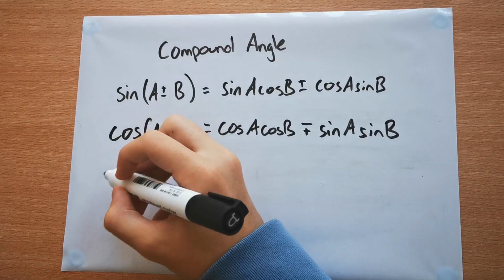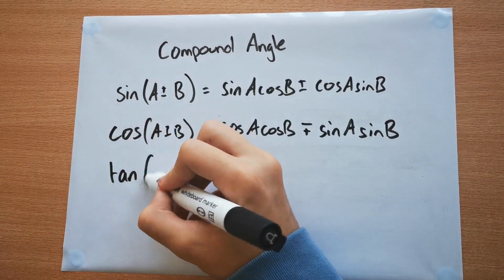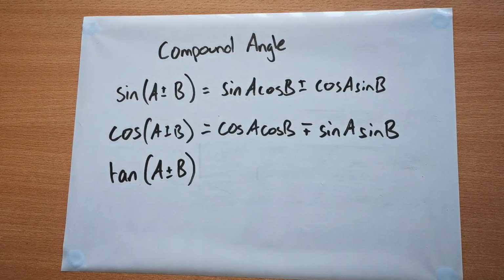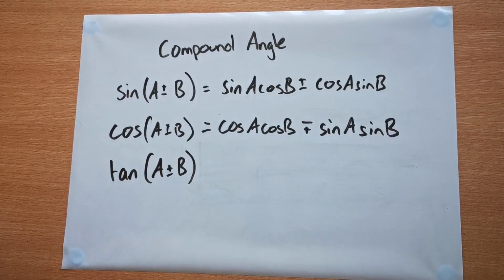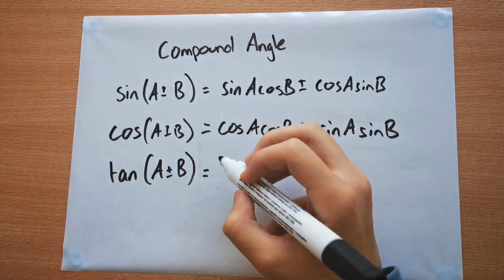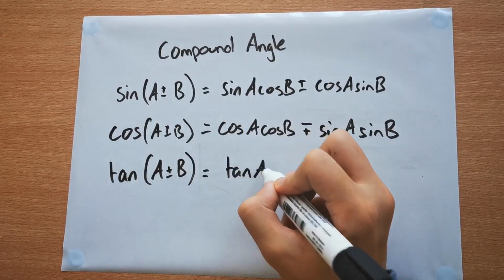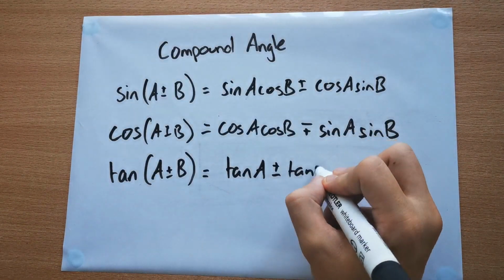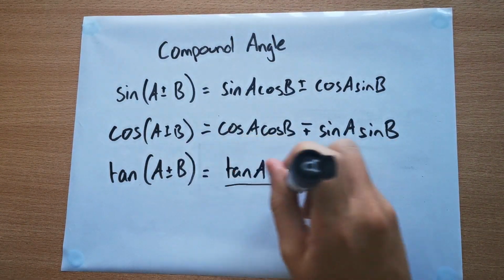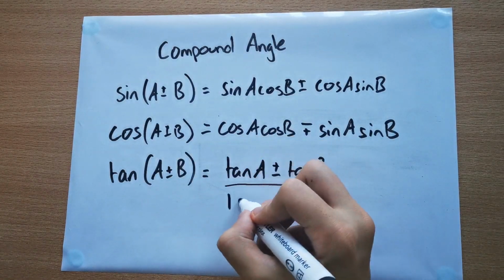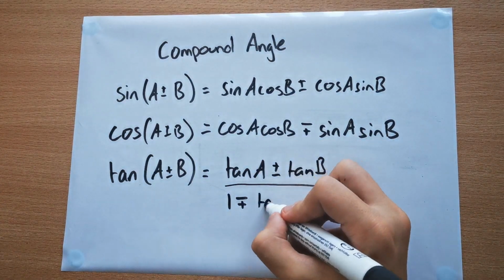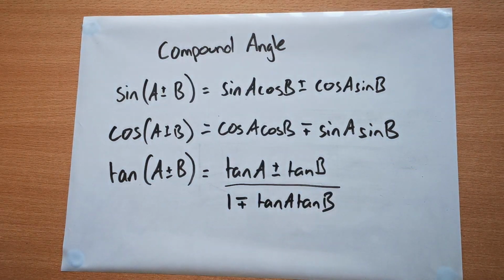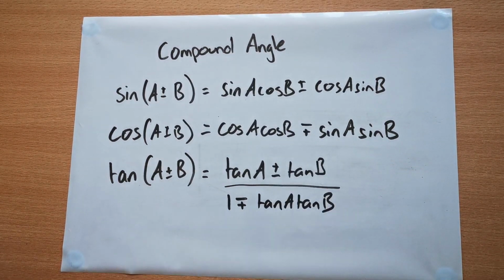So then we have tan. You could prove this by using sine and cos. However, it is easier to just learn the formula, which is going to be tan A plus or minus tan B over, and because tan is the awkward child, 1 minus or plus tan A tan B. So in tan, we have plus and minus, and we also have a minus and plus.